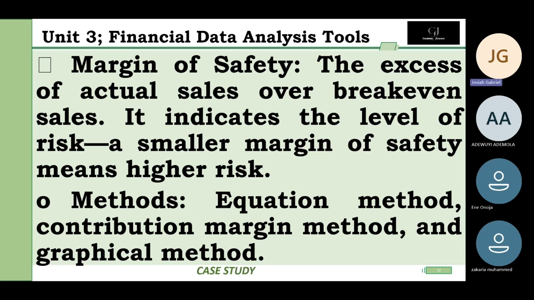Then you have the contribution margin method where your sales price minus variable cost equals your contribution. And the graphical method speaks to an old method where you have the X and Y axis in a linear method, and where both X and Y intersect speaks to the break-even point.